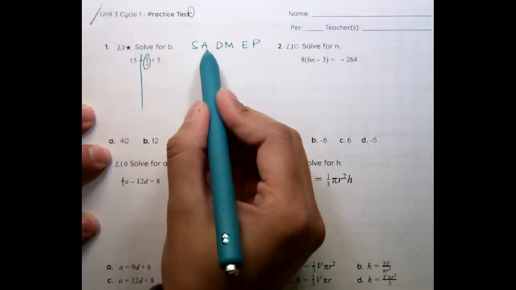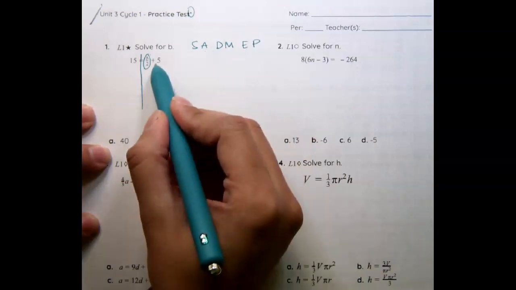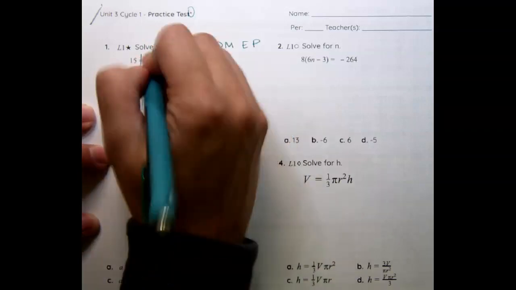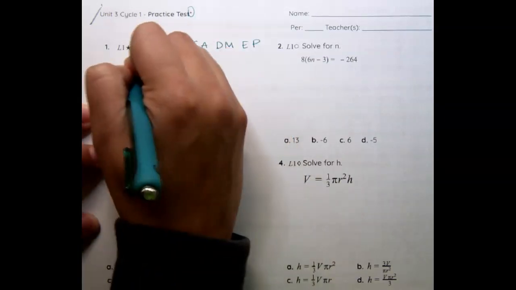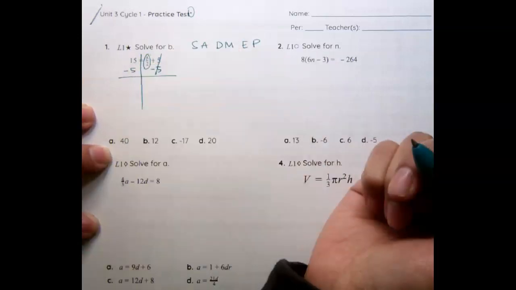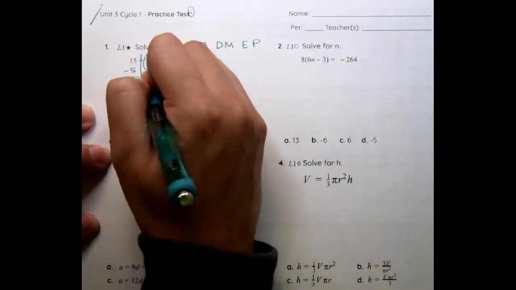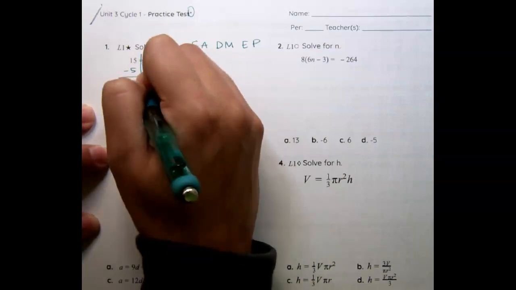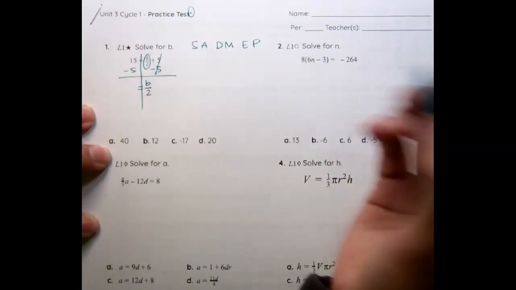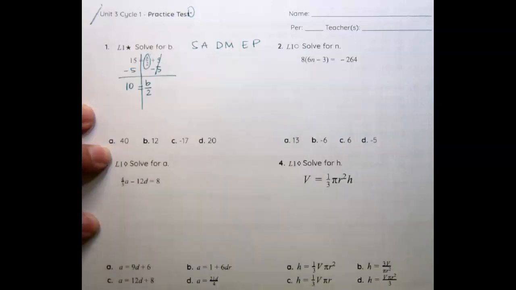I'm going to either subtract or add first. Well, I see this plus 5. Well, the opposite of plus 5 is subtraction or minus 5. So I'm going to subtract 5 on both sides. That's how I get rid of the 5 on the right-hand side. I have b over 2 equals 15 minus 5 is 10.